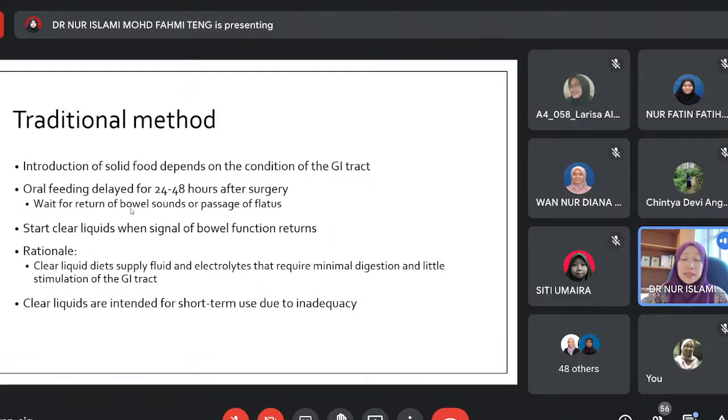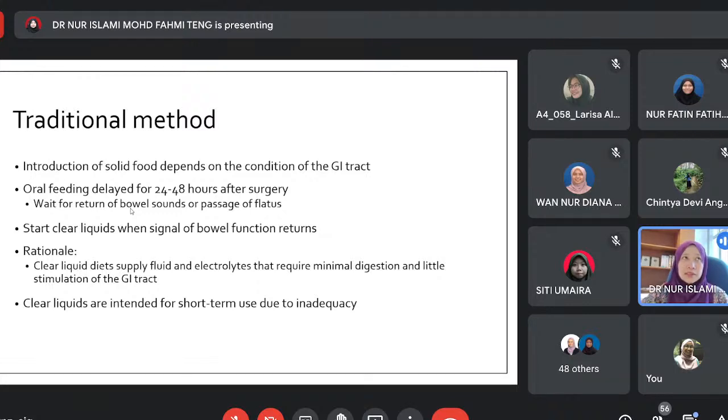Dah angin, baru boleh makan. So you just imagine oral feeding delayed for 24 hours. So traditionally pre-operative tak boleh makan 12 jam, and then post-operative delay feeding up to 24 hours.